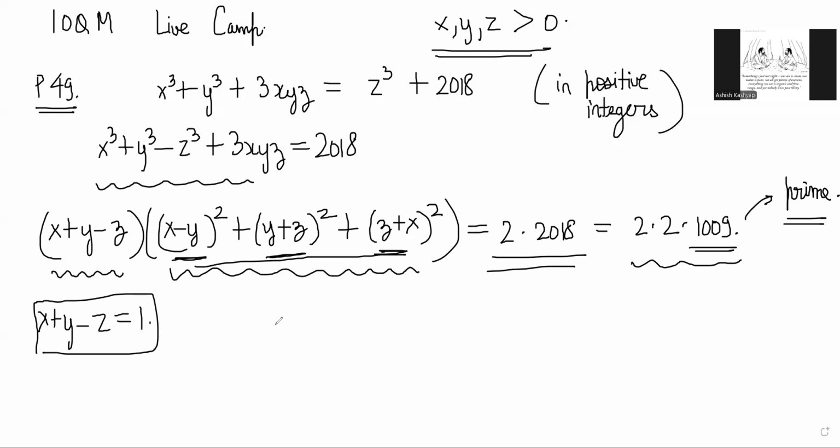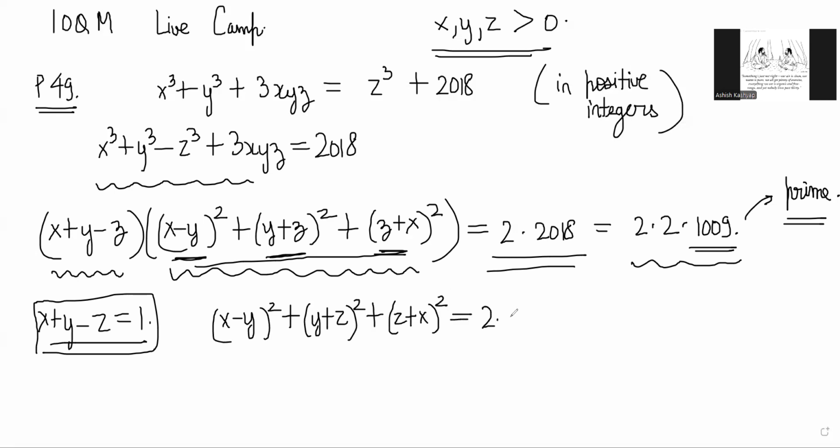Do you understand what I'm saying right now? Yes, sir. So in that case, if this is 1, you have (x minus y) whole square plus (y plus z) whole square plus (z plus x) whole square is equal to 2 into 2018.